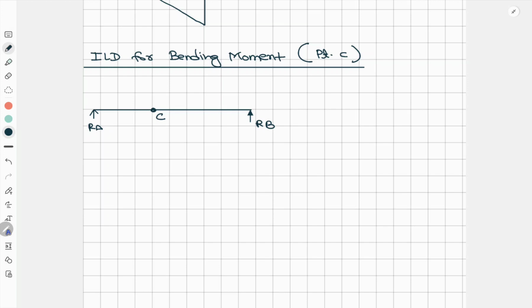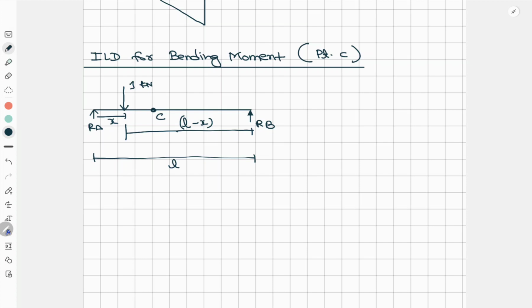And here we are assuming that the unit load is at distance x. So the distance from here to here, the whole distance was L, right? So it will be L minus x, right?